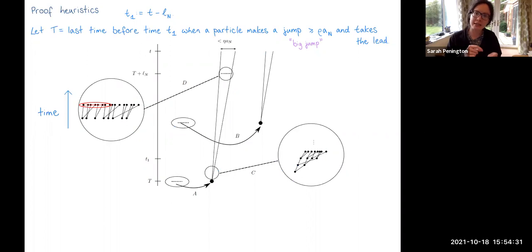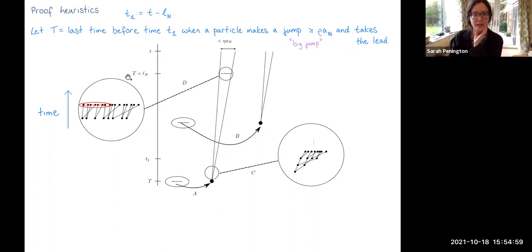So what I mean by that is that that particle makes a jump away from its parent and it becomes the rightmost particle in the new generation. So what we're aiming to show is that this capital T is actually the time that we want. So we want to show that at time little t, almost all the particles are descended from this single particle that makes this big jump and takes the lead at time capital T.